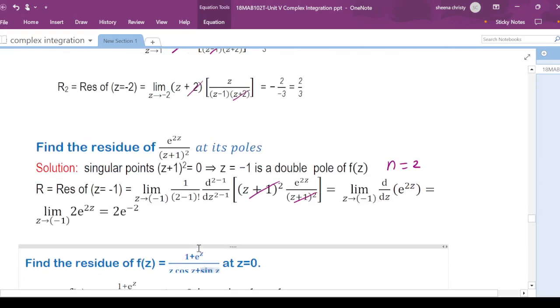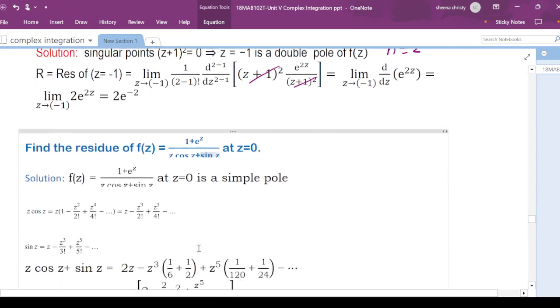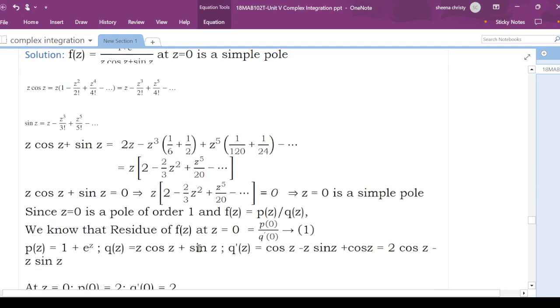So by making use of that definition, here you will get p of z by q of z at z equal to 0 gives you p of 0 by q dash of 0. Call this equation 1.